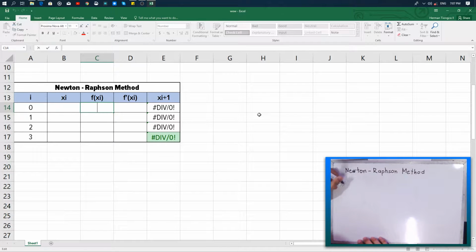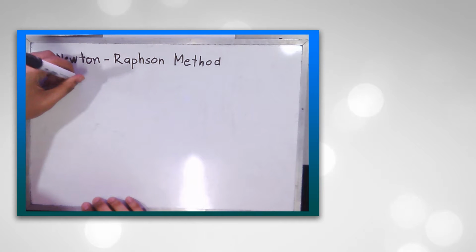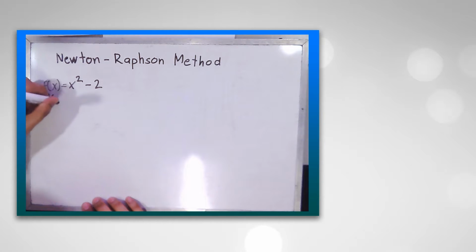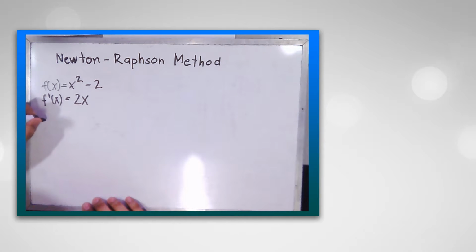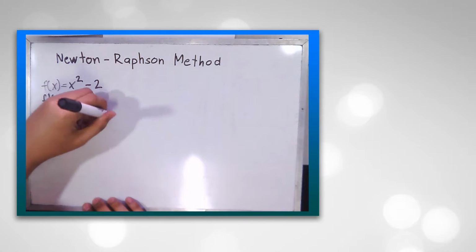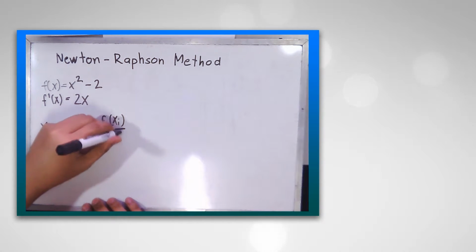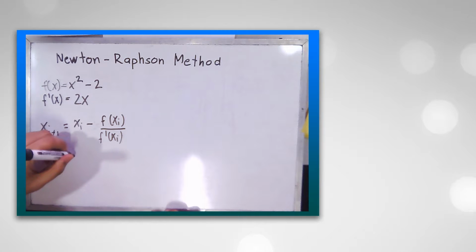So f of x is equal to x squared minus 2. Then f prime of x is equal to 2x. Using the formula given by the Newton-Raphson method, we will be finding the solution for the equation. We will be predicting the value of x sub 0 as 1.